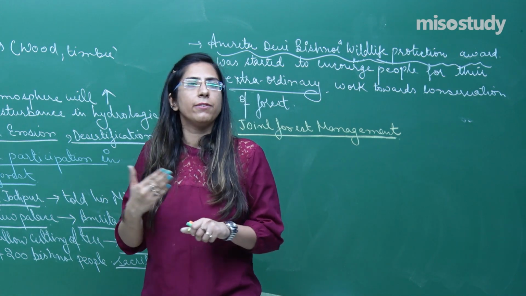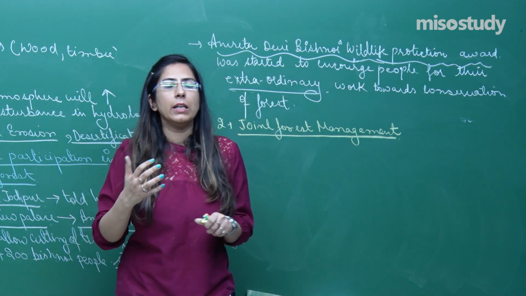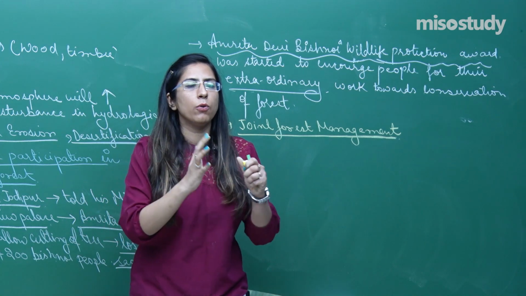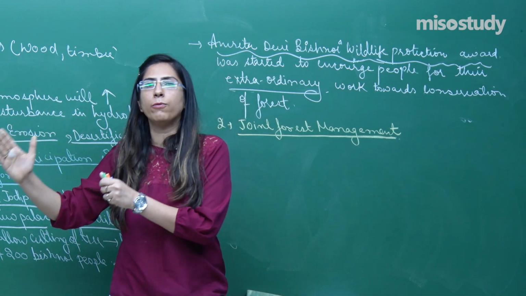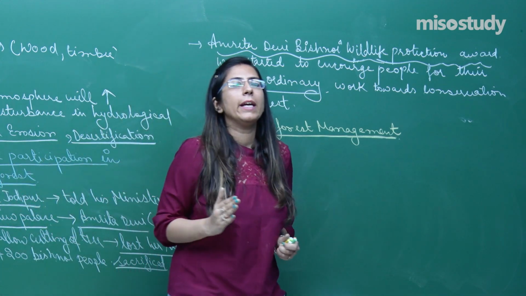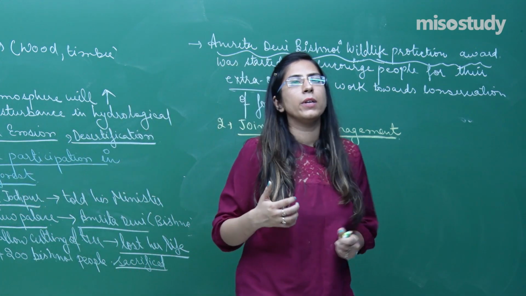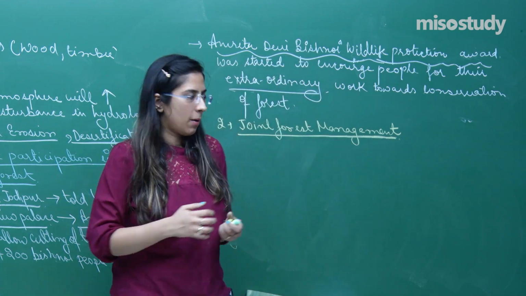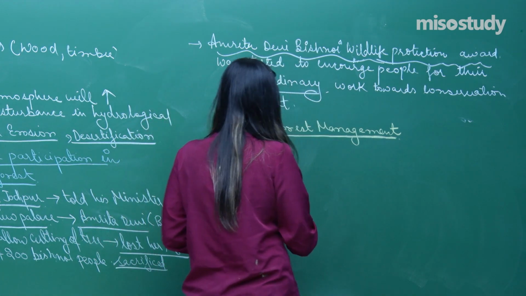They organize different seminars regarding that, giving information to people on how to conserve the whole biodiversity and the whole forest area. In turn, these communities used to get forest products like gum, timber, wood, and certain other plant products.